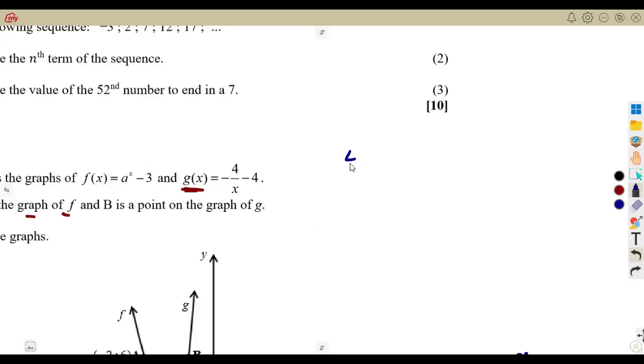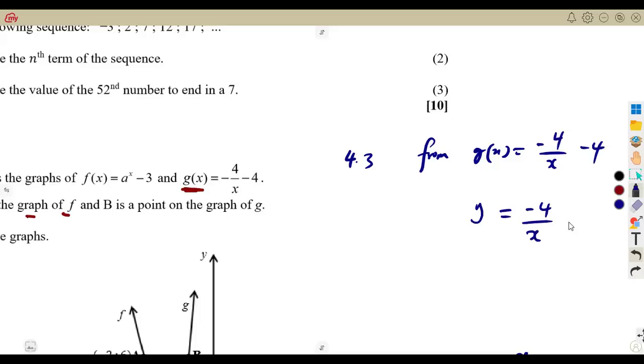All right, so that's 4.3, from G of x, which is equal to minus 4 over x minus 4. Remember, I said it simply means y is equal to this. We need the value of x.